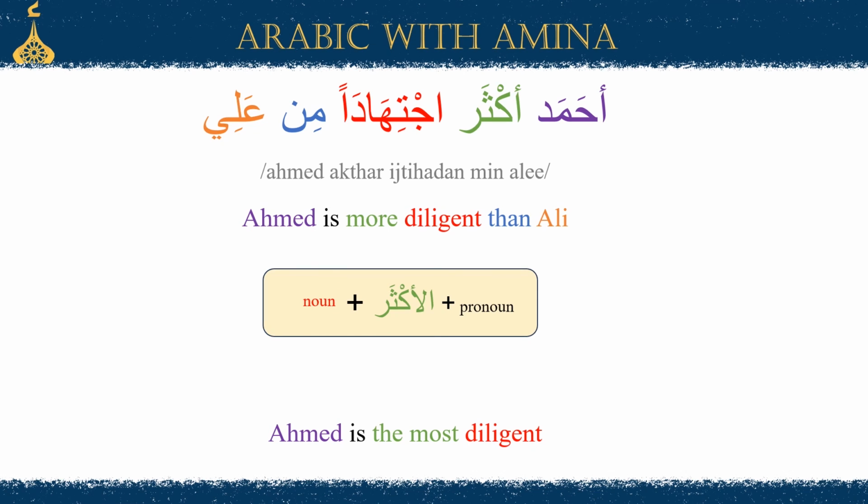So we have akthar followed by the noun ijtihadan and then min. We're going to remove min and include a pronoun before al-akthar and just keep Ahmad. We are no longer comparing to Ali. So to say Ahmad is the most diligent, we will say Ahmad هو الأكثر اجتهادا.